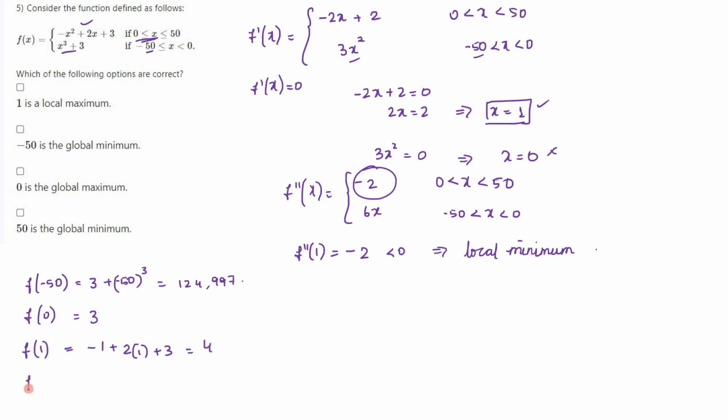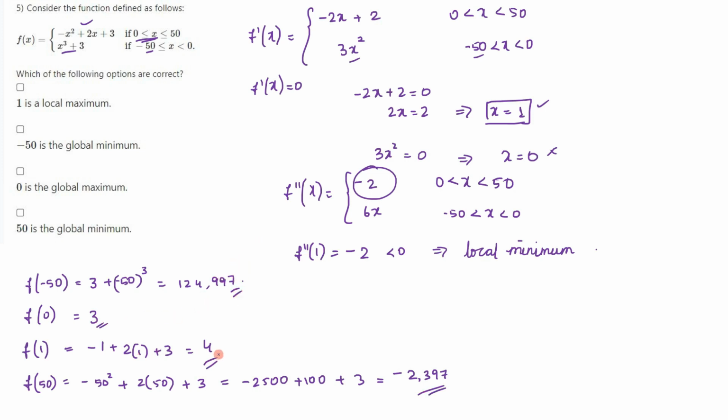Again f of 50. Again we'll have to use this equation, that is nothing but minus 50 square plus 2 into 50 plus 3, that is nothing but minus 2500 plus 100 plus 3, that is nothing but minus 2397.